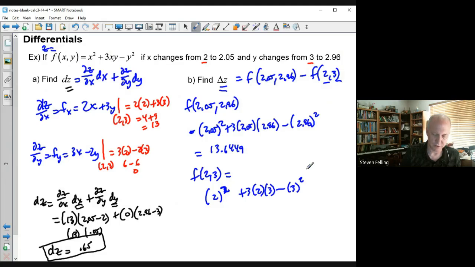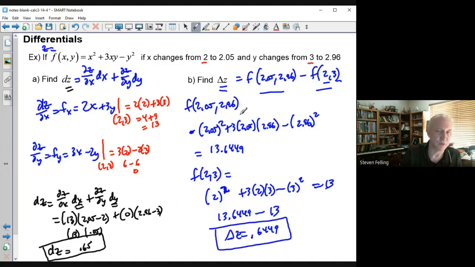Okay, hold on here. I think I'm losing my mind. Plus 3 times 2 times 3 minus 3 squared. Okay, yeah. And that turns out to be 13. So when you take 13.6449 and you subtract off 13, the difference is 0.6449. There we go. So that's the delta z.